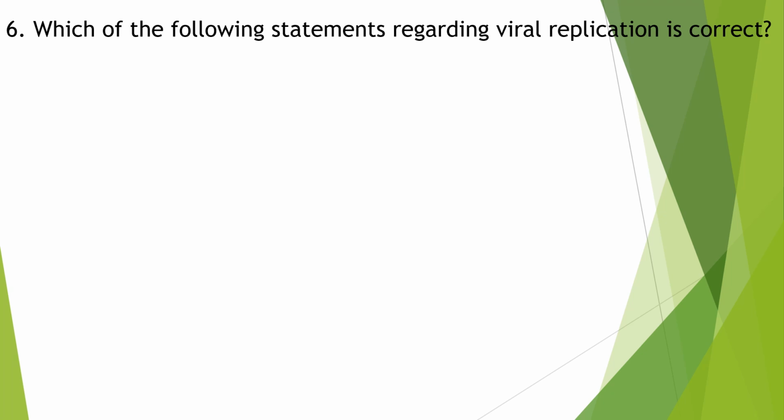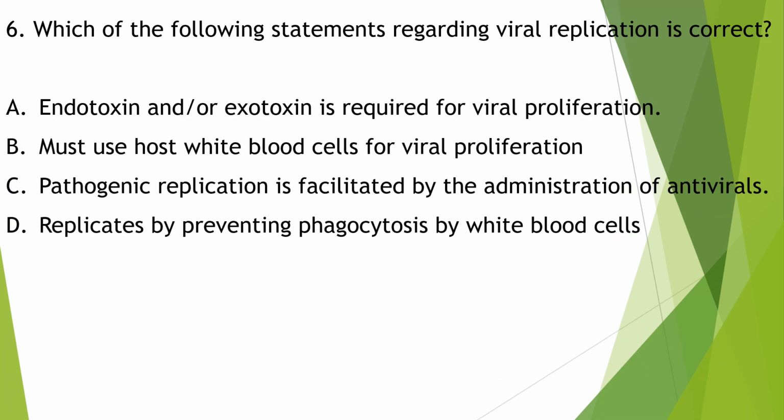Which of the following statements regarding viral replication is correct? Endotoxin or exotoxin is required for viral proliferation. Must use host white blood cells for viral proliferation. Pathogenic replication is facilitated by the administration of antivirals. Replicates by preventing phagocytosis by WBC.